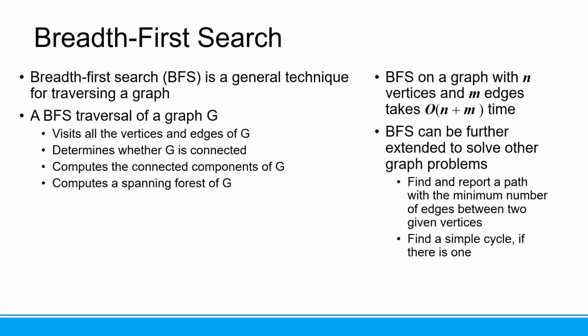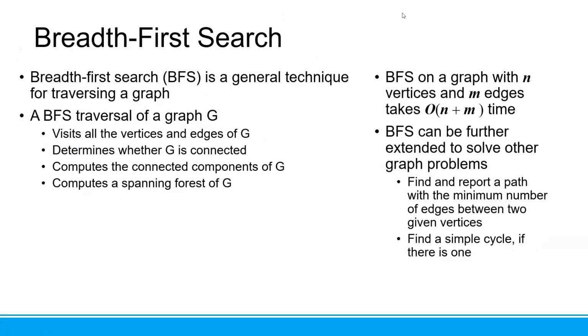Now I would like to mention another kind of traversing. We call it breadth first search. You will see later what the difference is between breadth first search and depth first search.